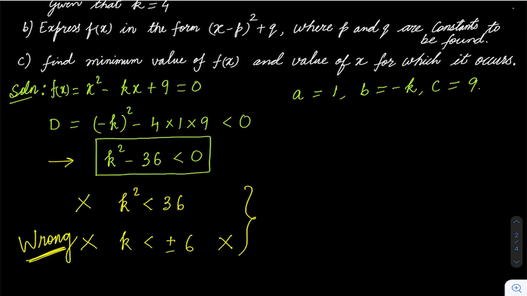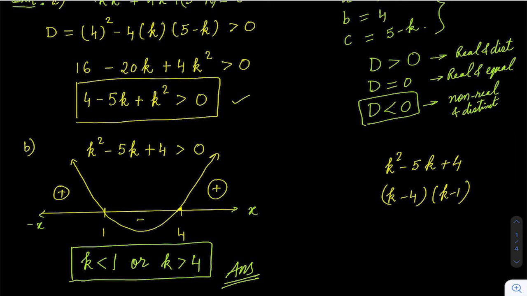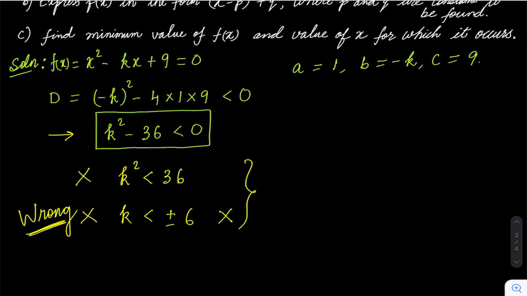Okay, so what's the correct way of solving this? See what you did here. This is an inequality in k, which is of quadratic form. Whenever you have k square, it's a quadratic. So again, you try to make factors of this.